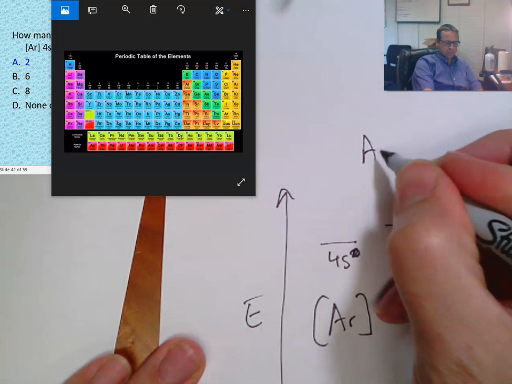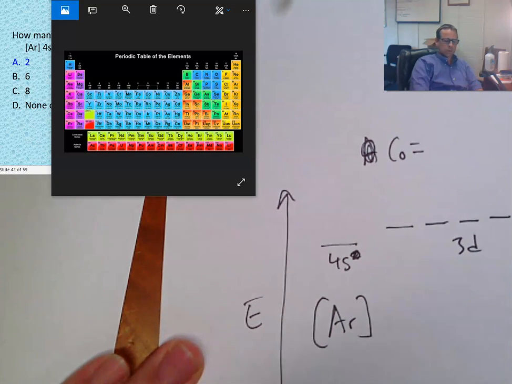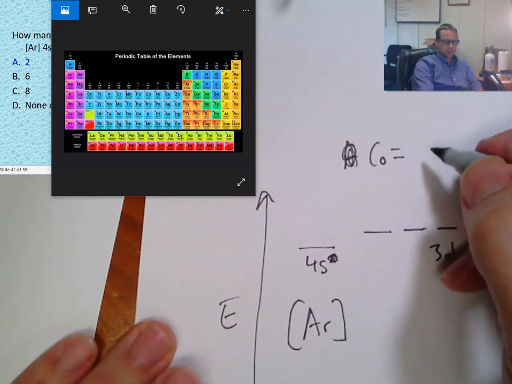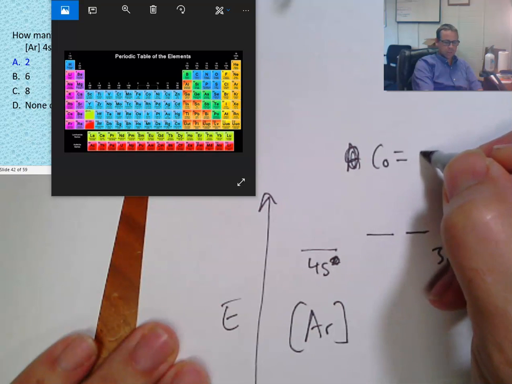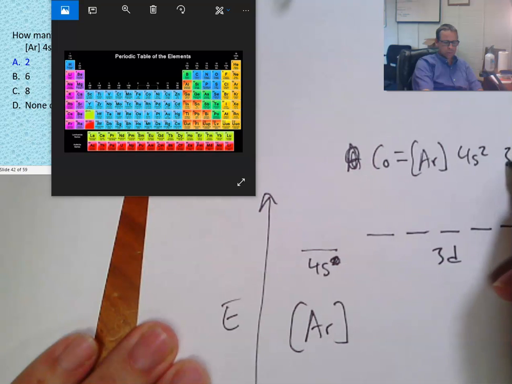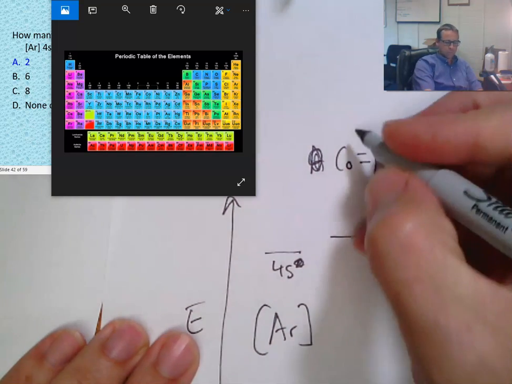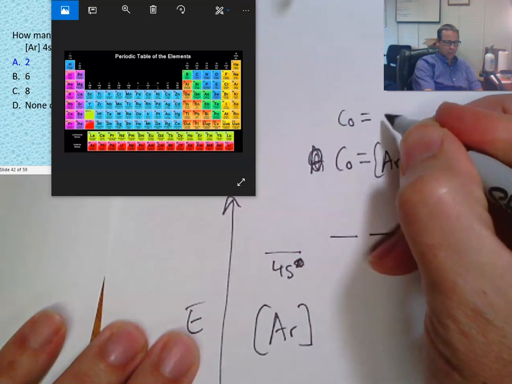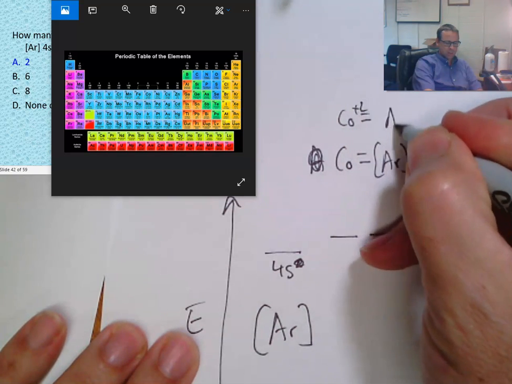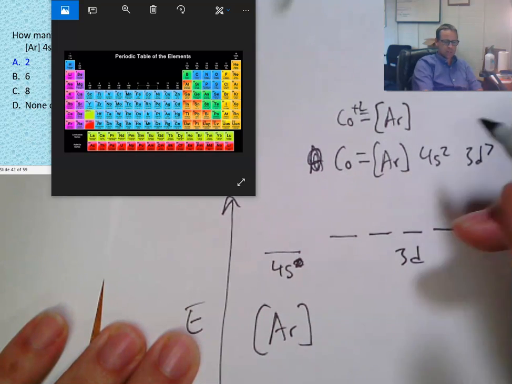And we said that cobalt had an electron configuration of argon 4s2, 3d7, right? And we said that it became a cobalt +2 ion because elements like to lose their valence electrons if they can.